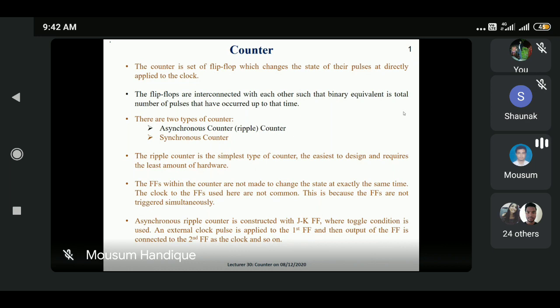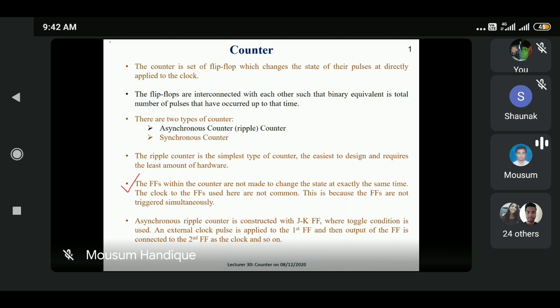The flip-flops within the counter are not made to change state at exactly the same time. The clock to the flip-flops is not common, because the flip-flops are not triggered simultaneously. This particular point is very important.